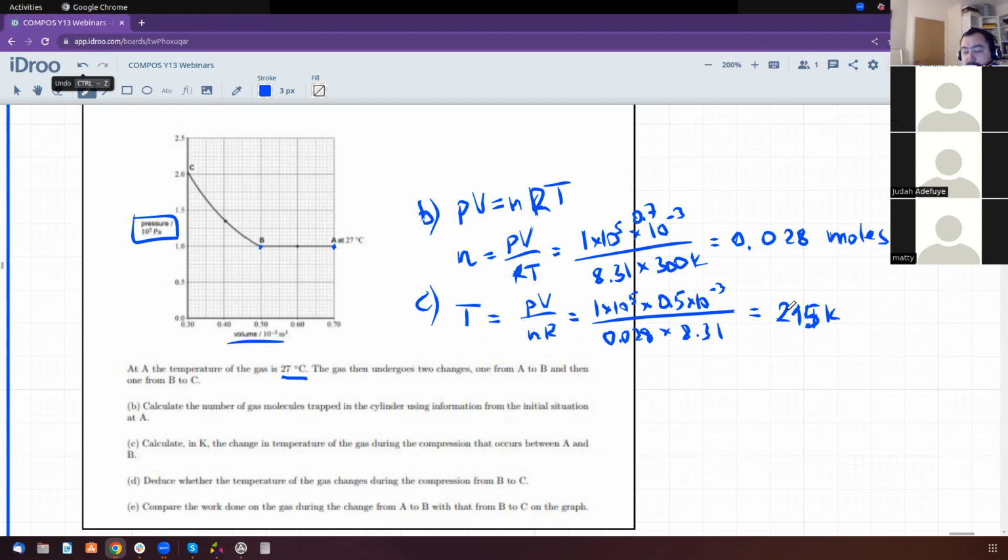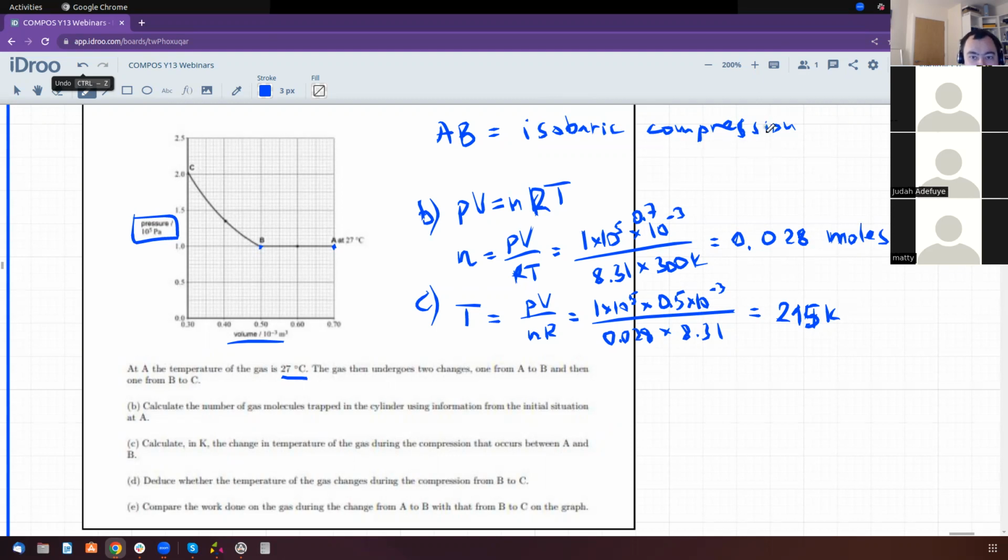Okay, this is something that we call isobaric compression. So AB is an isobaric compression. So we're compressing the gas at constant pressure.